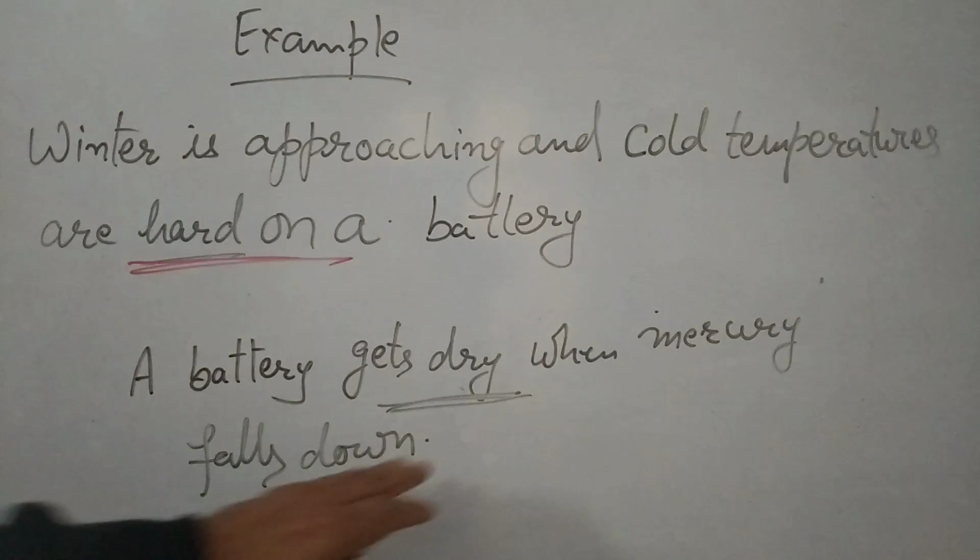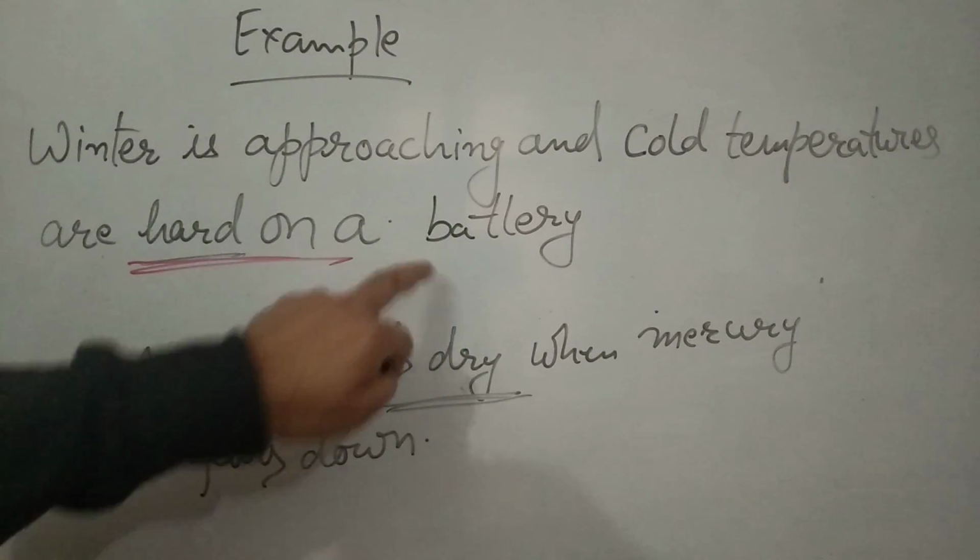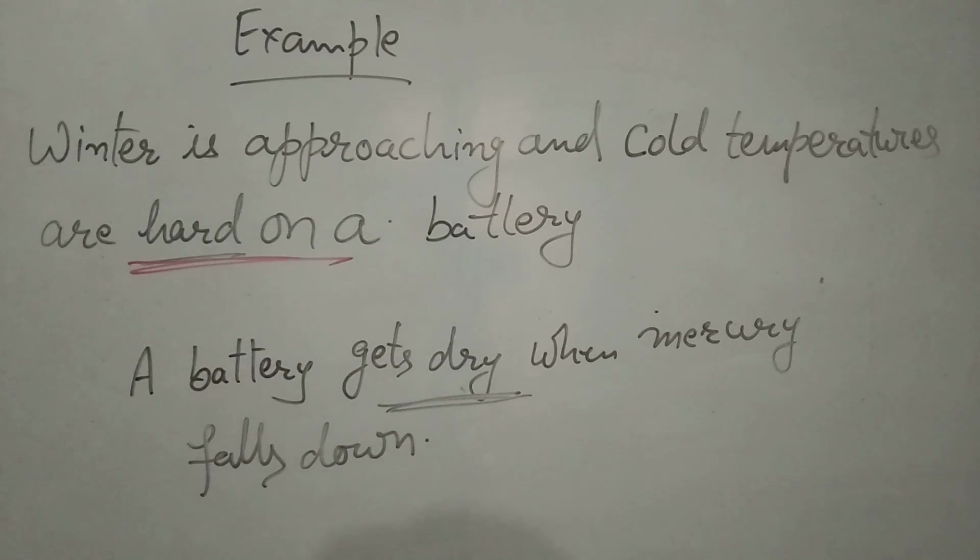But this tells us a totally different thing. There is no mention in the passage that in cold temperatures a battery becomes dry. There is no information or details given in the example. So though the statement does not match, it tells us an additional thing which is not given.